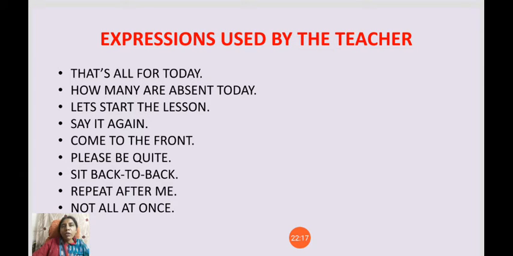Now, look at them. These are some other expressions used by the teacher. That's all for today. How many are absent today? Let's start the lesson. Say it again.